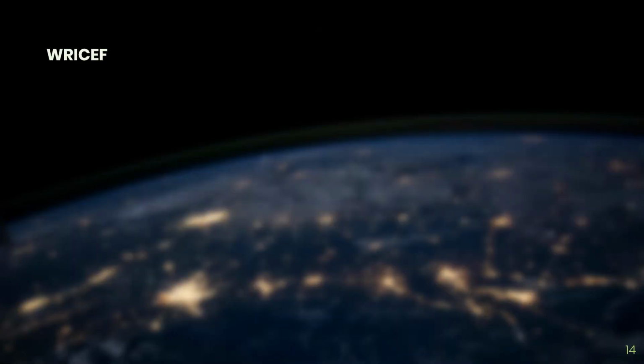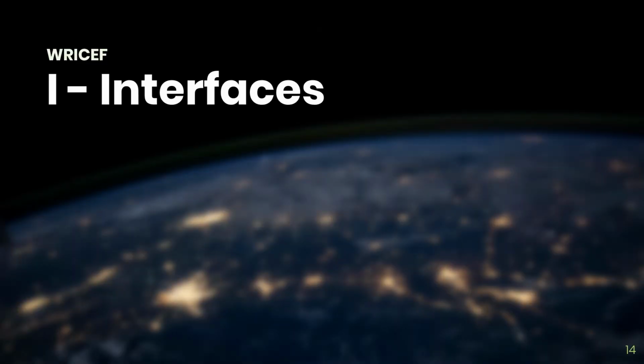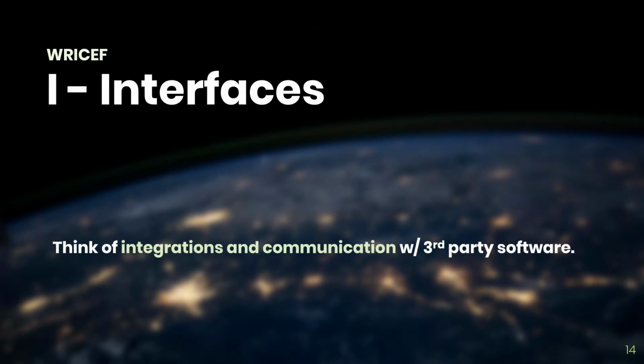Next up, we have I for interfaces, and you can simply think of this as integrations and communication with third-party software. Now, it's not limited to just that. We're talking about SAP to SAP or SAP to non-SAP communications, vice versa. So at this point, we're trying to communicate with different systems, and we can even communicate with another SAP system.